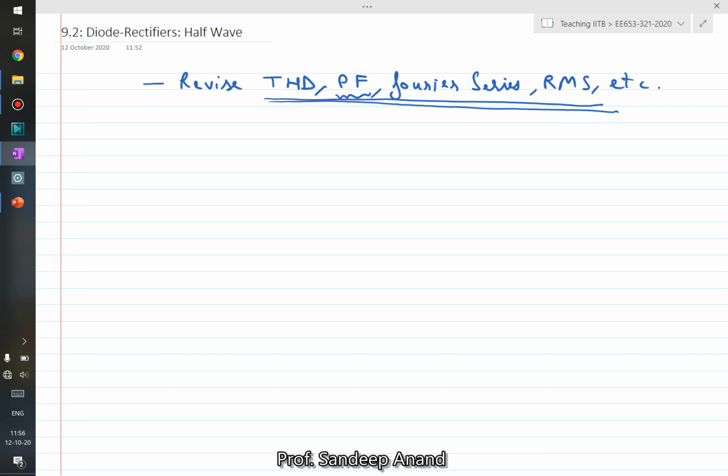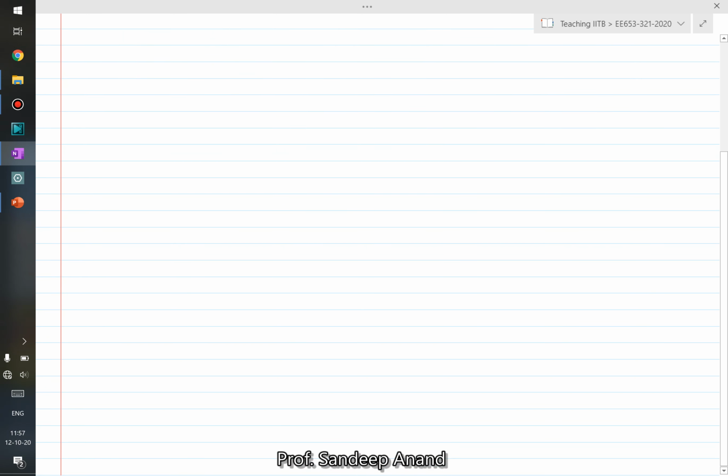So coming back to the diode rectifiers and the half wave rectifiers. What do you mean by half wave rectifiers? The basic philosophy is that the AC signal has two parts, right? One is the positive part, the other one is the negative part. The positive part is up to pi.